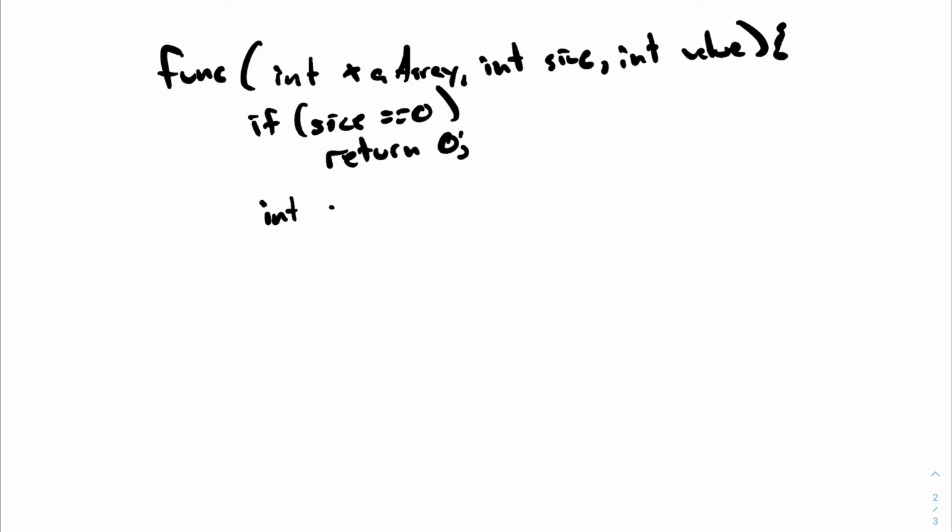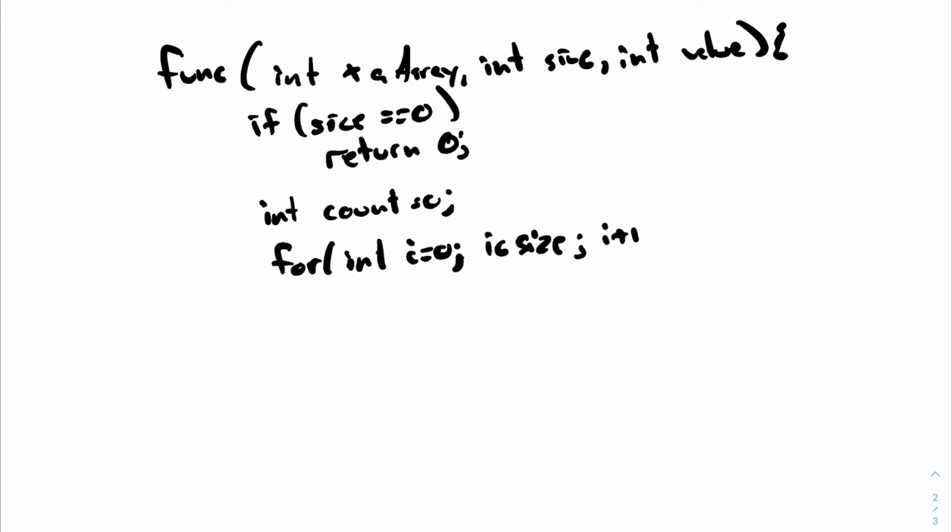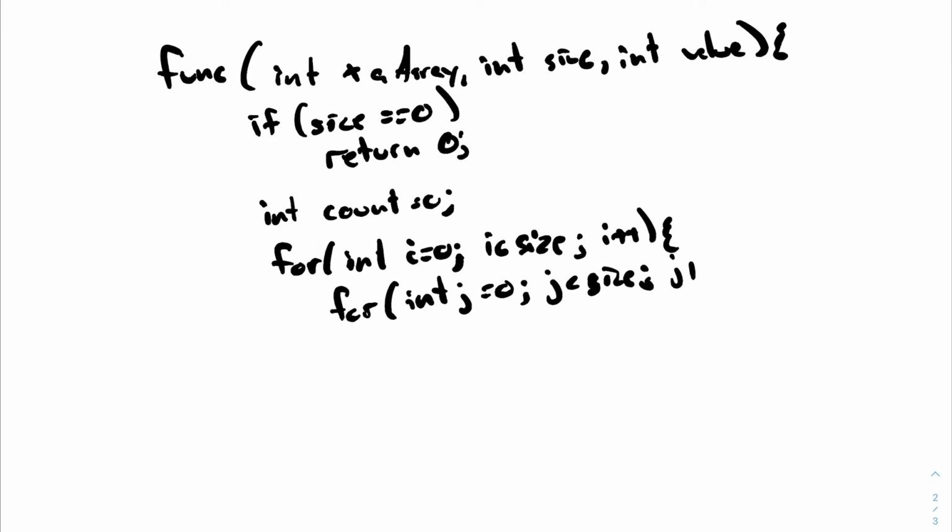And then we do another count equals 0. We'll have a for loop. Int i equals 0, while i is less than size, i plus plus. And then inside this, another for loop, for int j equals 0, while j is less than size. So we have another loop variable here, and then we do j plus plus.